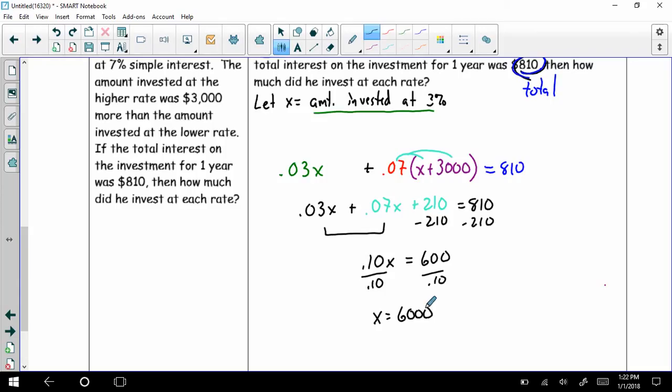So the amount invested at the 3%, the lower rate, was 6,000. If he invested 3,000 more at the higher rate, I would just add 3,000 to my X value.